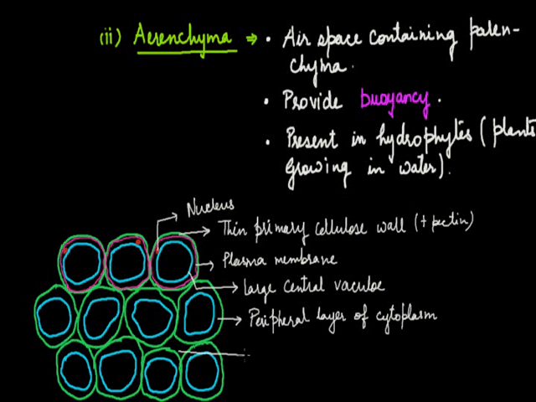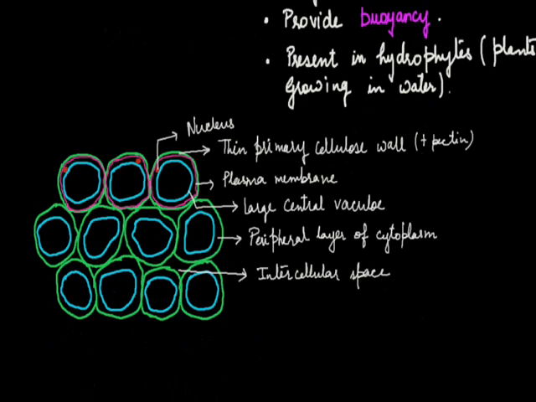These are the intercellular spaces, and we can see this is a complete parenchymatous tissue. So this is the diagrammatic representation of the parenchymatous tissue.